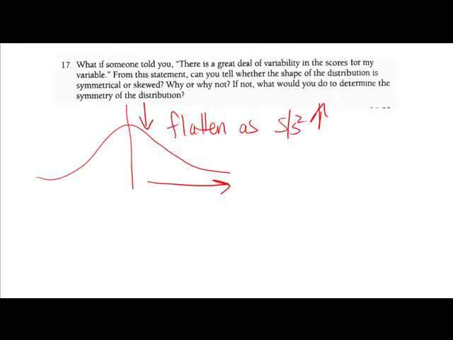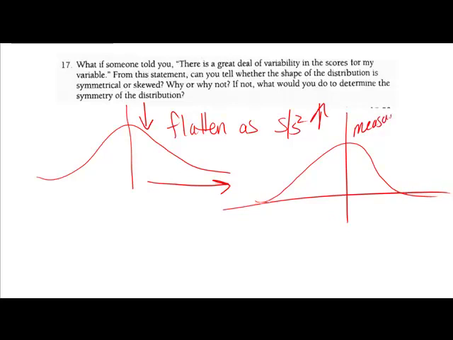If not, which is no, we said no, what would you do to determine the symmetry of the distribution? Well, that's easy. We know this because we know that our measures of central tendency are what are important here.